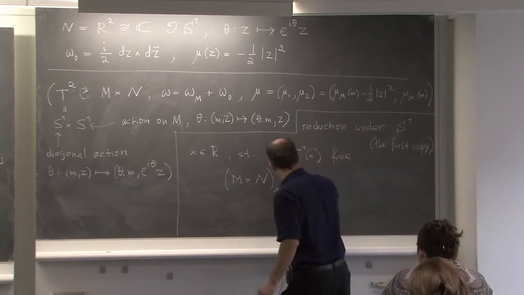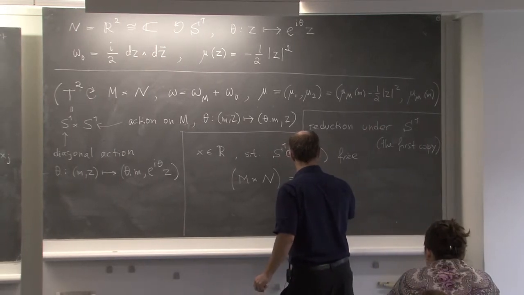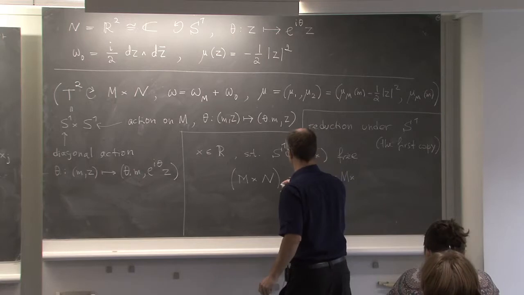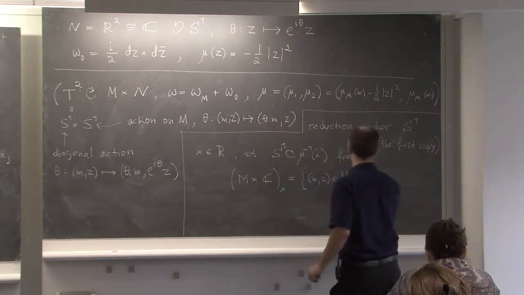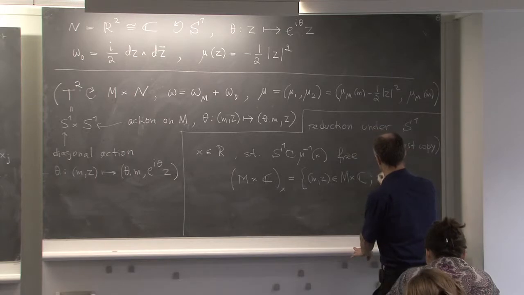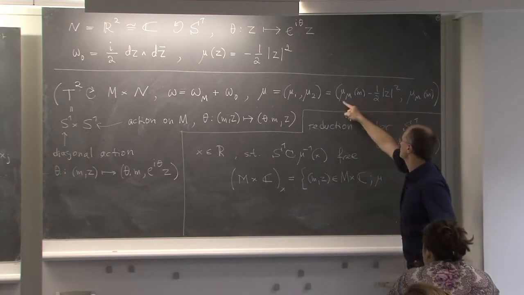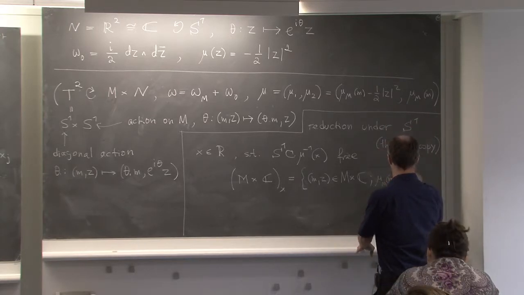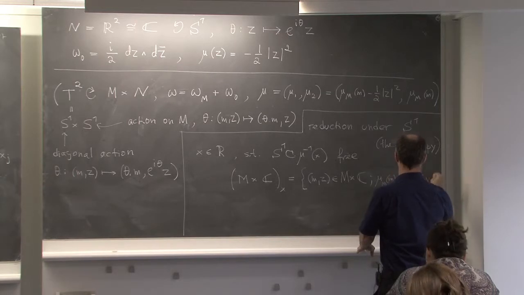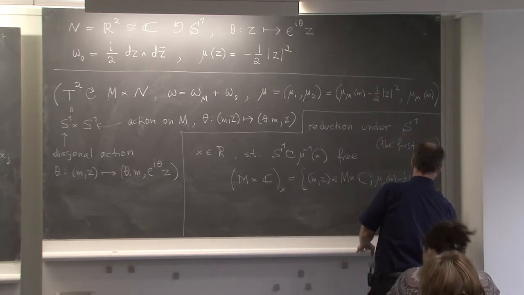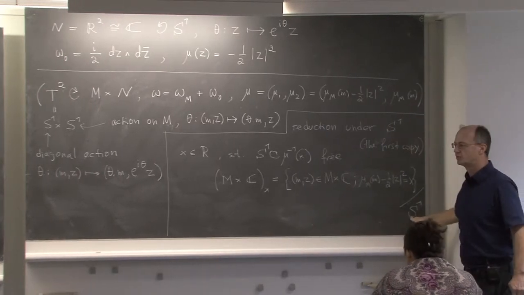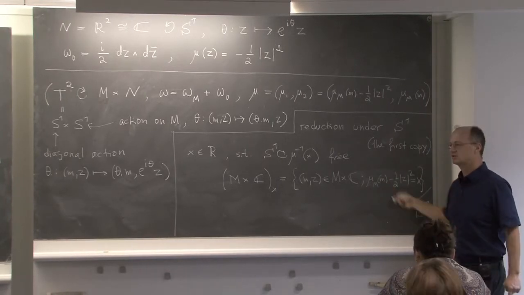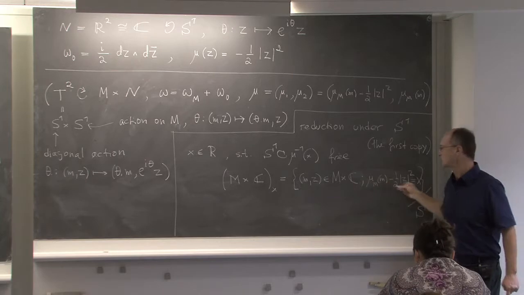So let me recall that by definition, this means I consider the points (m, z) in M cross, let me call it C, such that, now I read the equation, mu m of m minus 1/2 |z| squared is equal to x, and I divide it by the first S1 action. Of course, I should still check that this is indeed smooth. I should check that the action here is free.